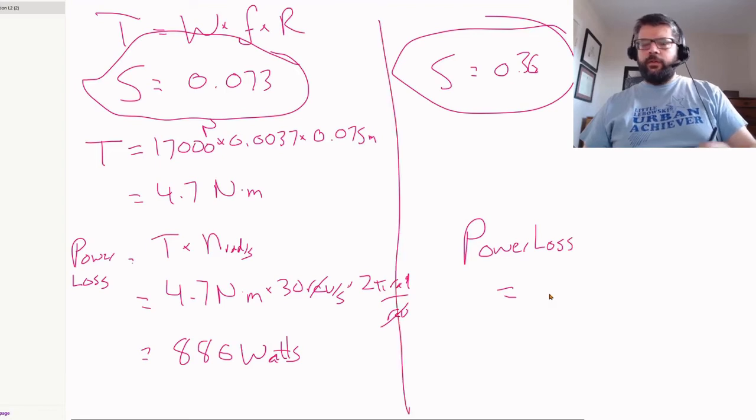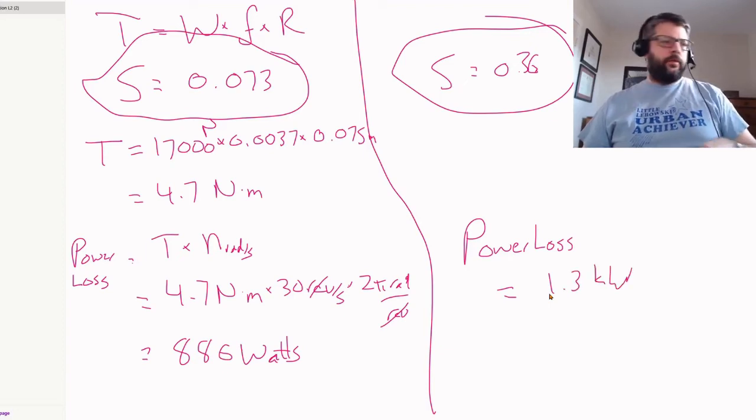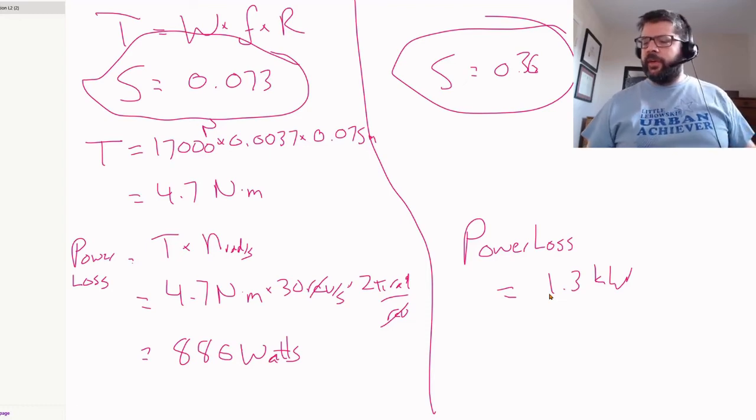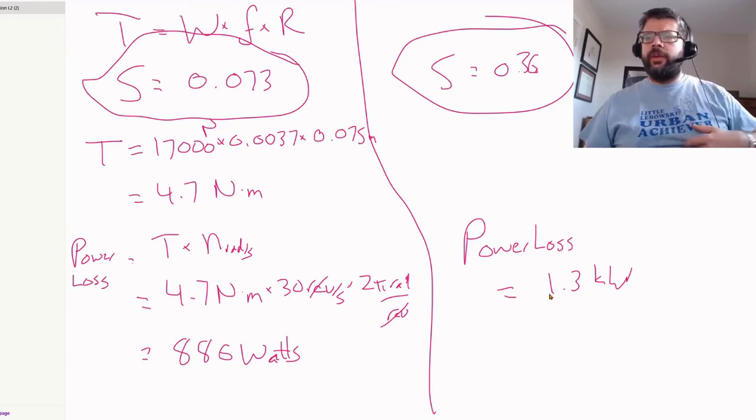So in this case, our power loss is going to be 1.3 kilowatts. That is a terrible W. There we go, that's a bit better. 1.3 kilowatts versus 880 watts, 890 watts.